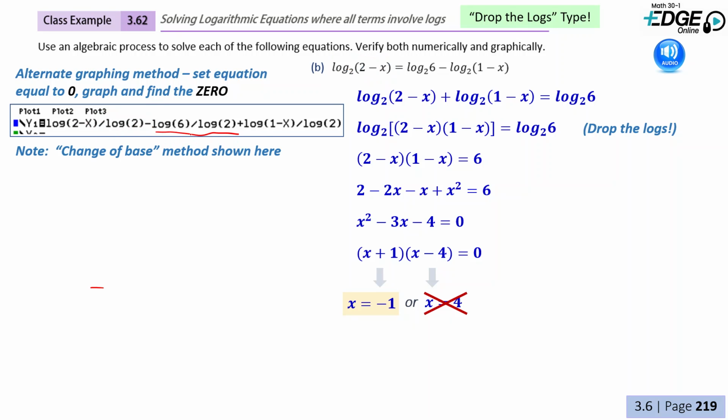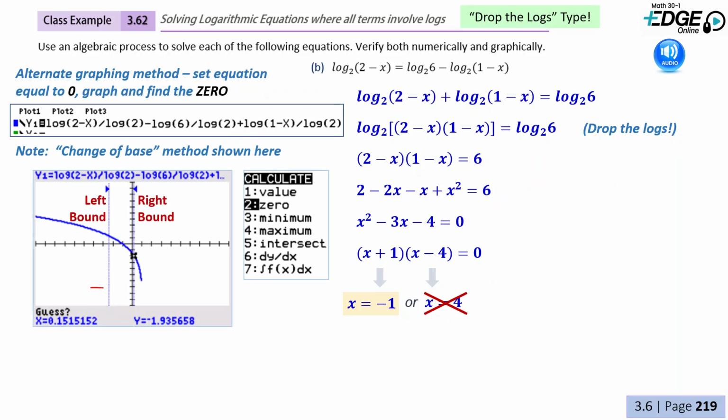And then the next part, log of 6 over log of 2, and so on. Now in this case, if we're just finding the x-intercepts, then we find the zero on the calculator. And again, we'll find that we have one solution at x is equal to -1.